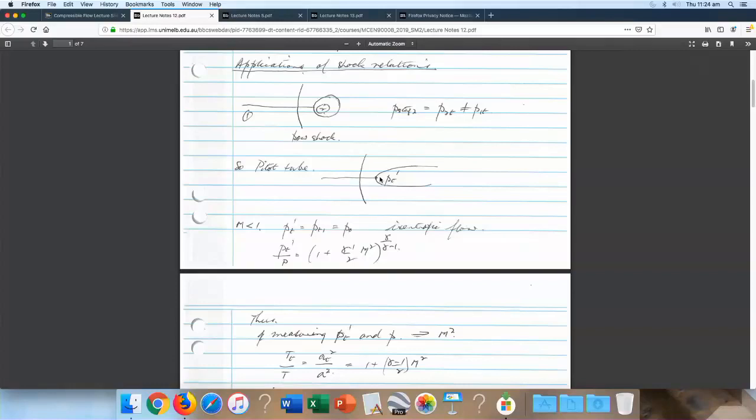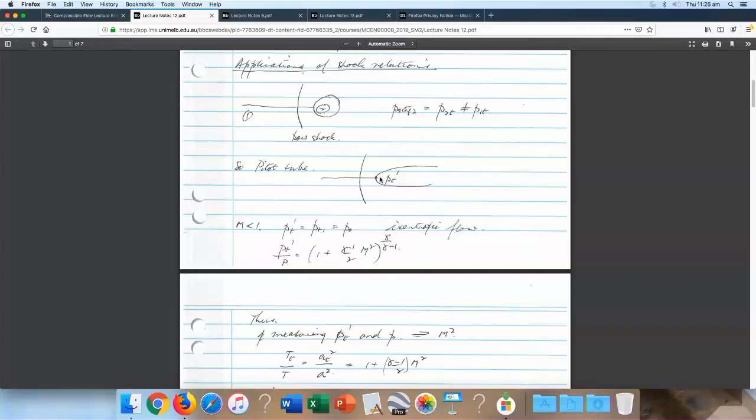And it's relatively easy to measure static pressure, harder to measure the total pressure. However, that's the idea. So if I measure this total pressure here and the static pressure downstream, and I showed you the kind of probe that's used to measure the static pressure down here, then the ratio is 1 plus gamma minus 1 over 2 M squared to the gamma over gamma minus 1.